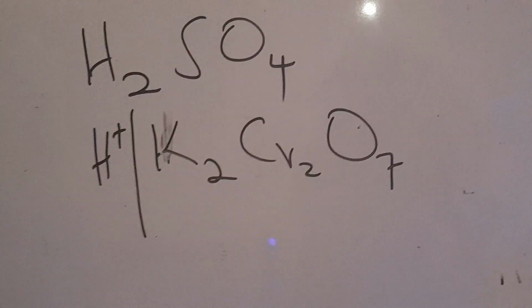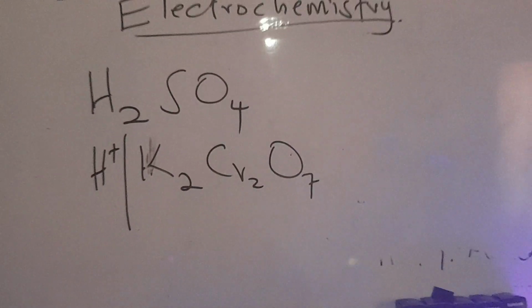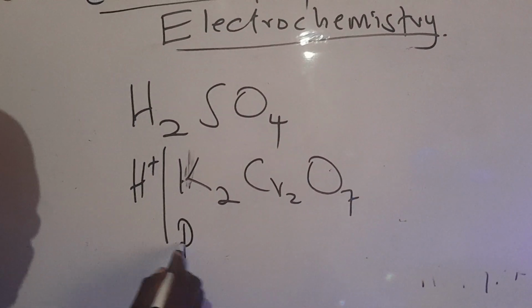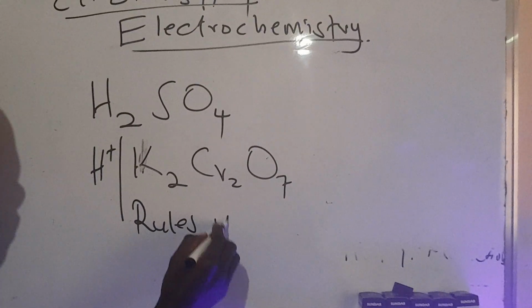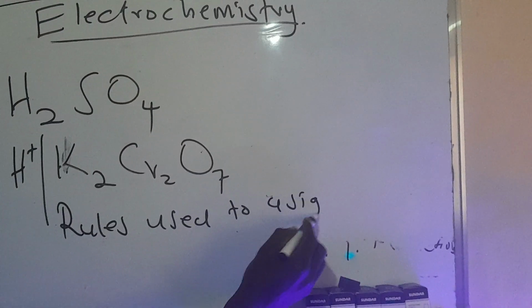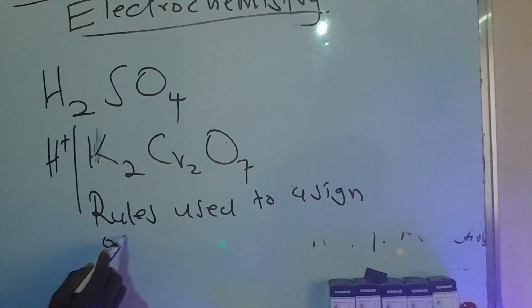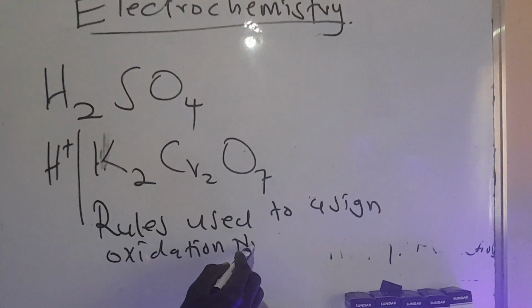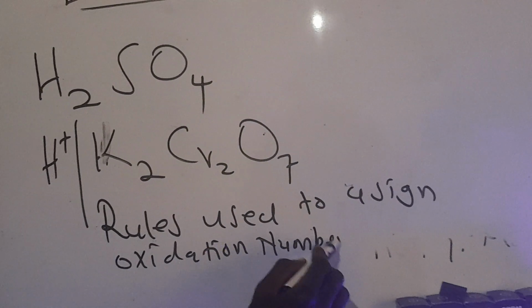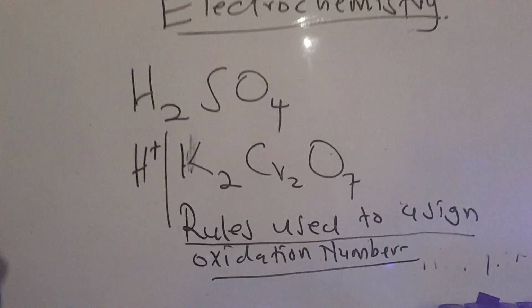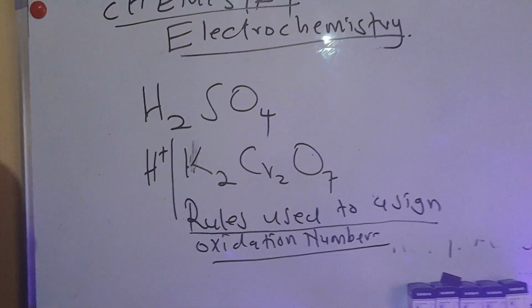For us to do that, we shall have a session whereby we go through the rules used to assign oxidation numbers. Why is it called dichromate 6, manganate 7, sulfuric 6?